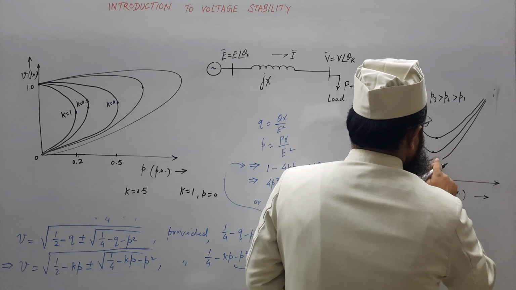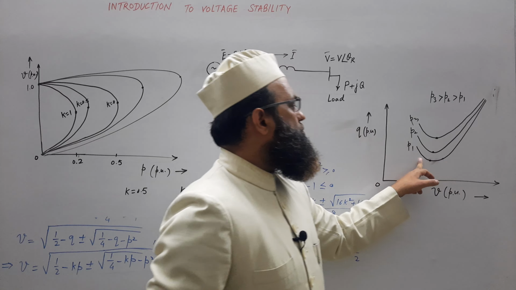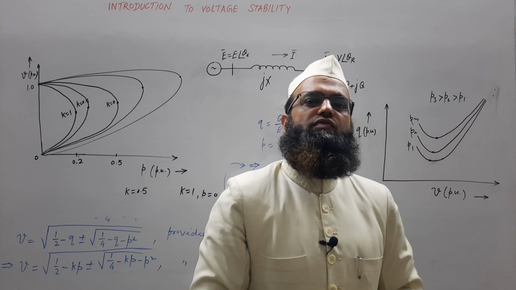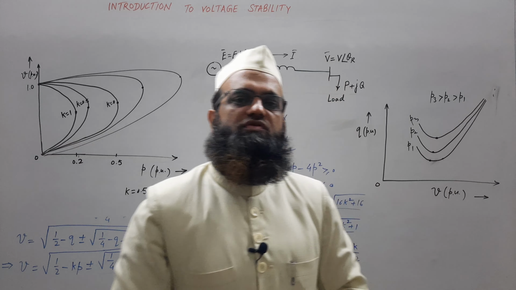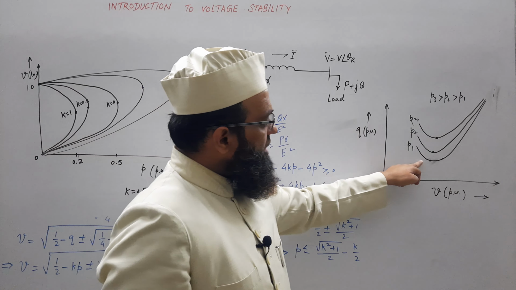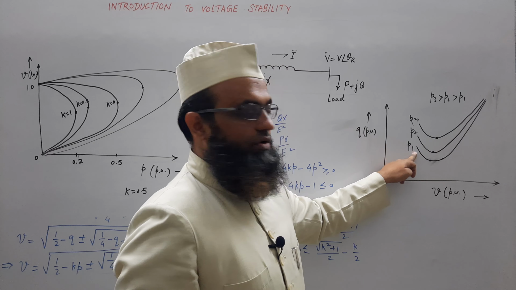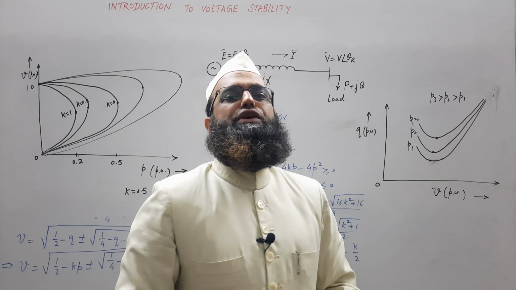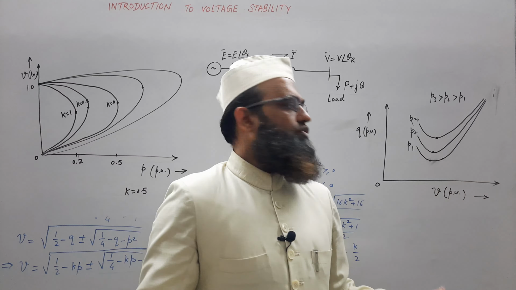Negative means if we are going to increase Q, it means we are going to supply reactive power. It means with the help of reactive power compensation technique, even though we are increasing Q, V is decreasing instead of increasing. Both are moving the negative way.